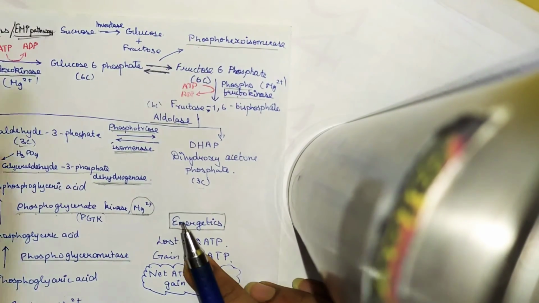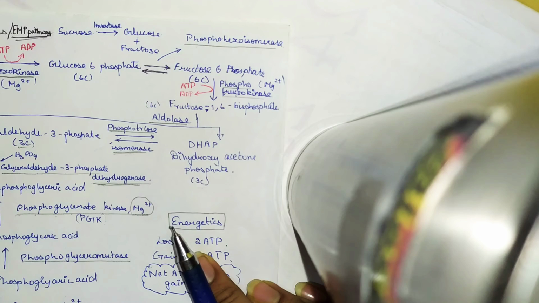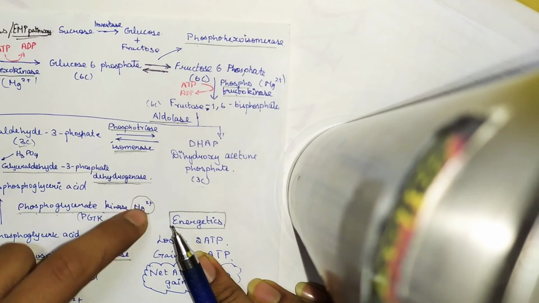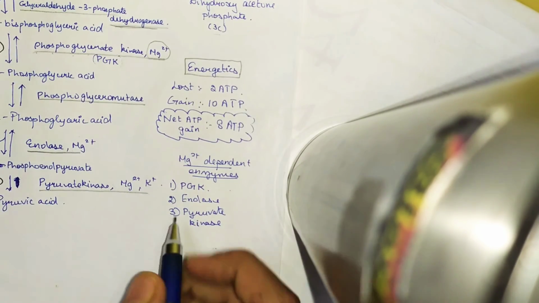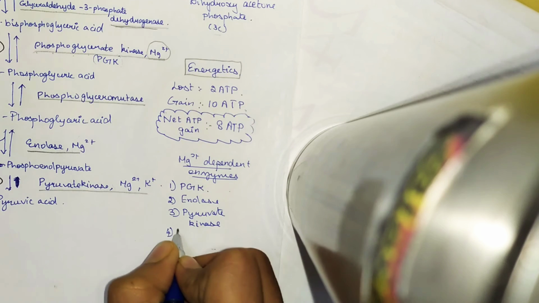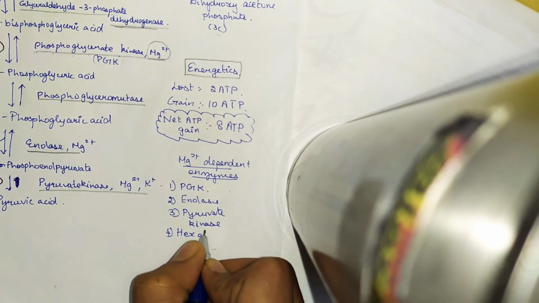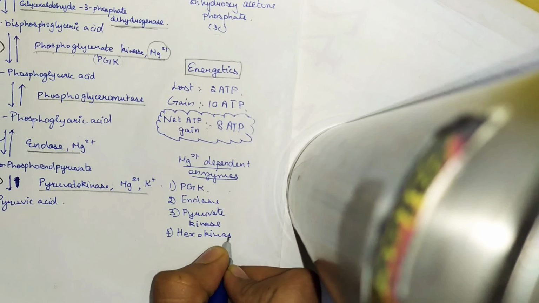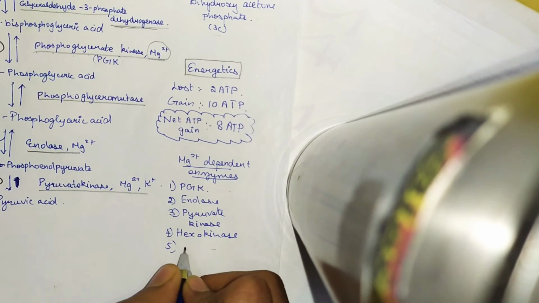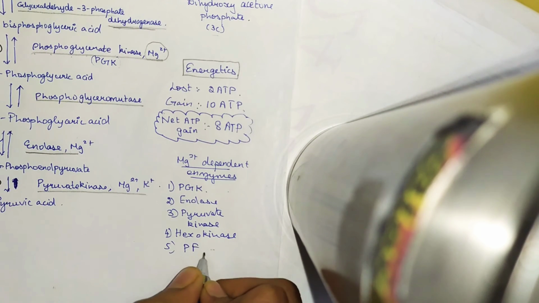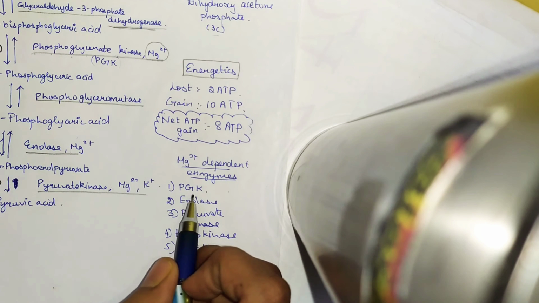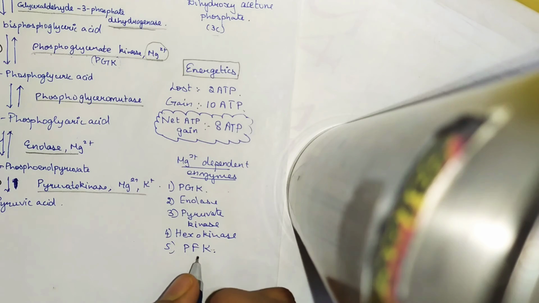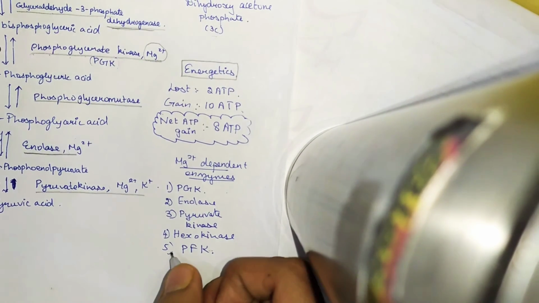Simply you can remember, if it ends with kinase, other than enolase, it will be dependent on Mg2+, right? So we can also add hexokinase and phosphofructokinase. This is phosphoglycerate kinase. This is phosphofructokinase. Okay.